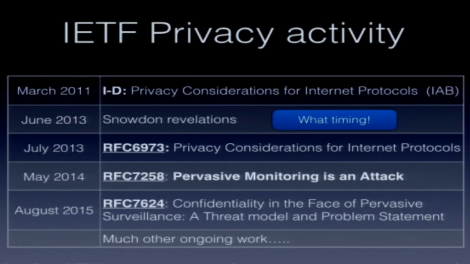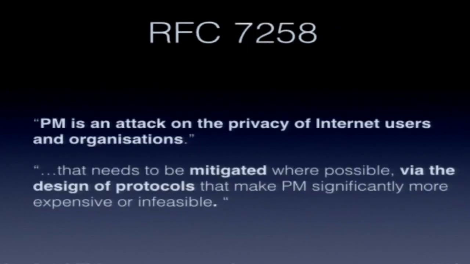The work at the IETF level has continued, though. There are several other RFCs in this area. There are many drafts in progress, so I just want to illustrate that there is a lot of work going on at the leadership level in the IETF with regards to privacy. I just wanted to pull out a couple of statements from RFC 7258, clarifying that the IETF's position is that pervasive monitoring is an attack on internet users and organizations.